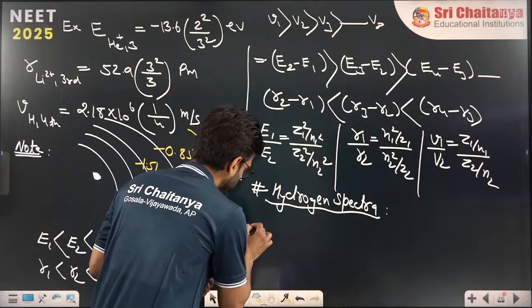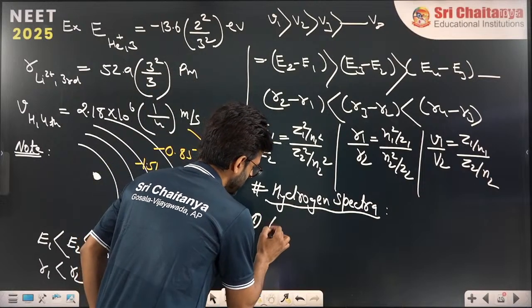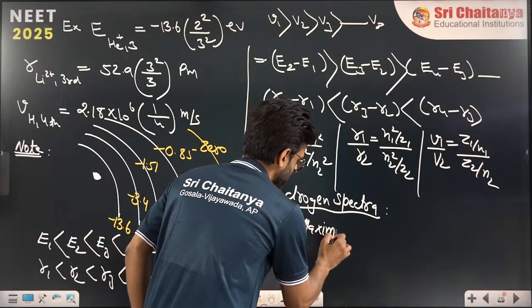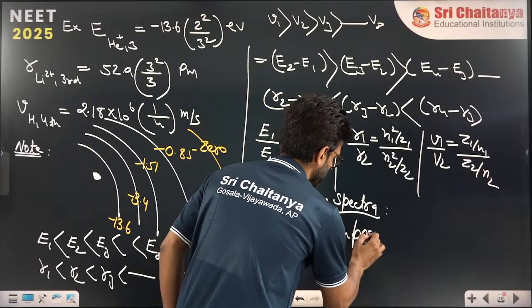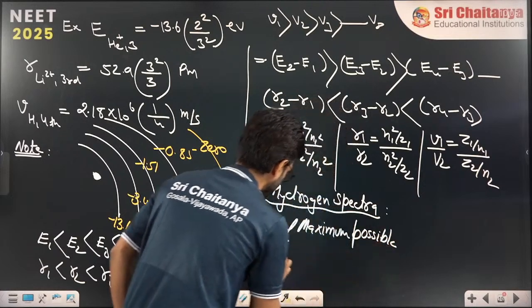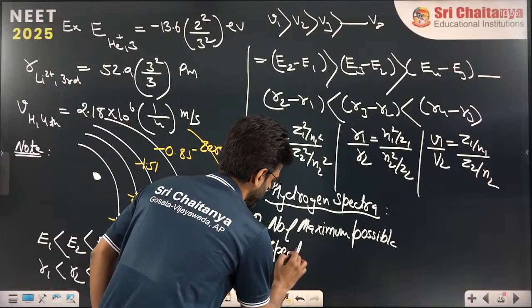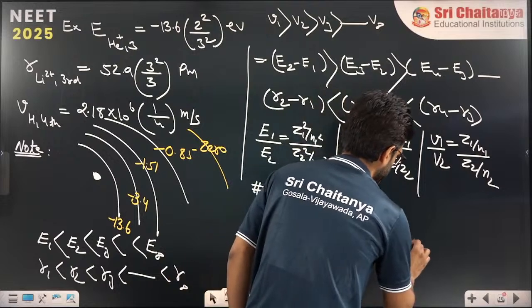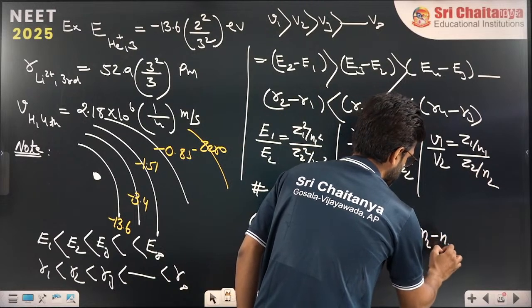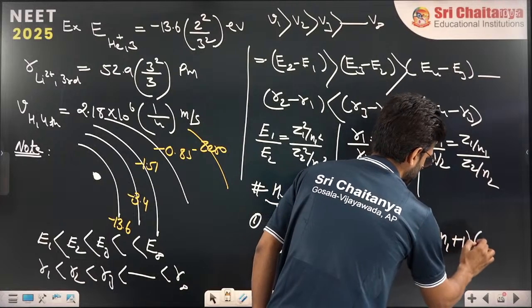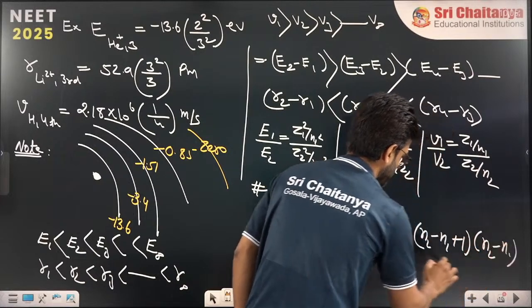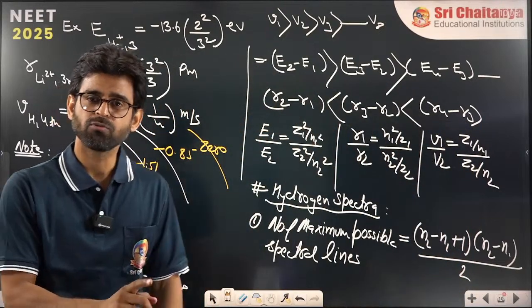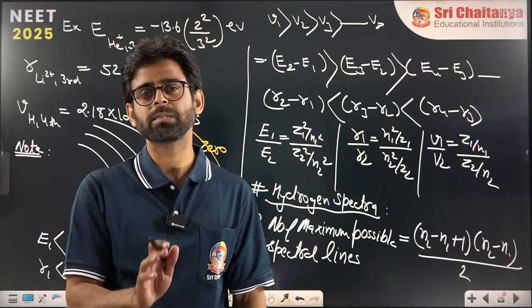The first one is the number of maximum possible spectral lines. What is the formula here? N2 minus N1 plus 1 into N2 minus N1 divided by 2. This is the formula to find the maximum number of possible spectral lines.